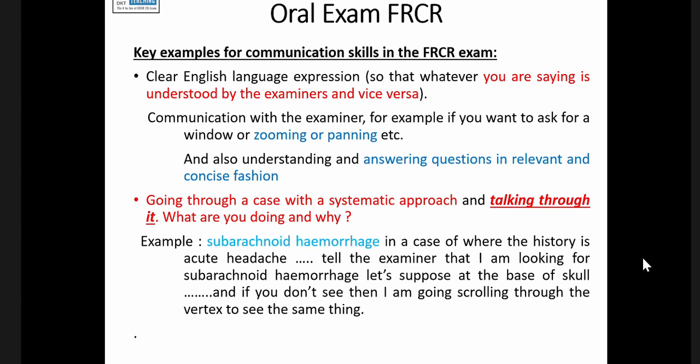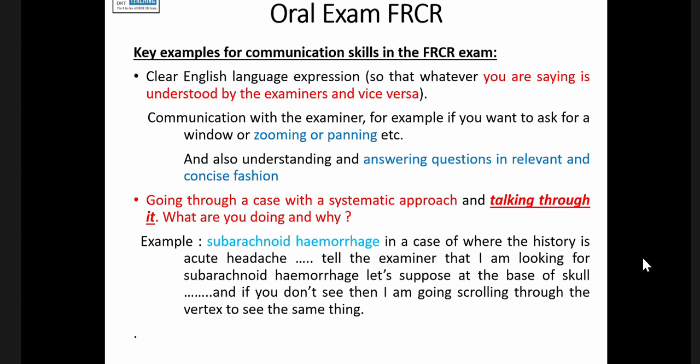Basically, communication means that you have to speak very clearly. Your expression should be very clear, and whatever you are saying should be understood by the examiners, and vice versa. Whatever they ask you, for example, if they ask you a question, your answer should be very precise and to the point.